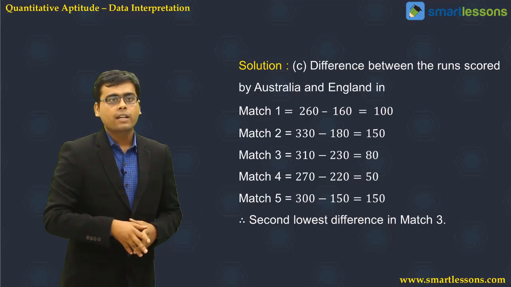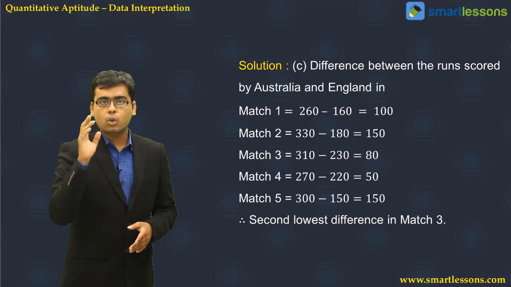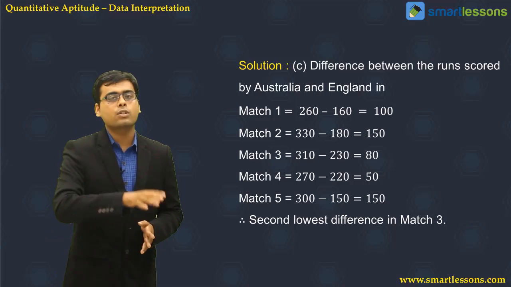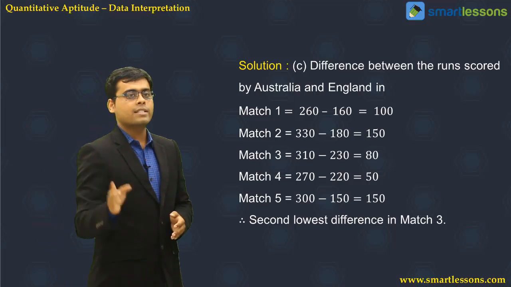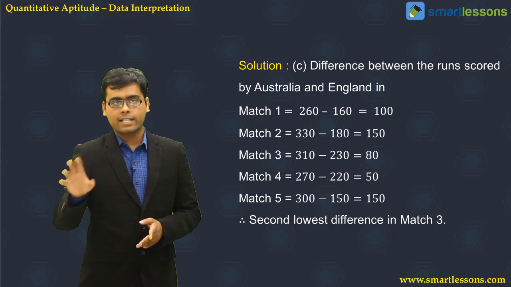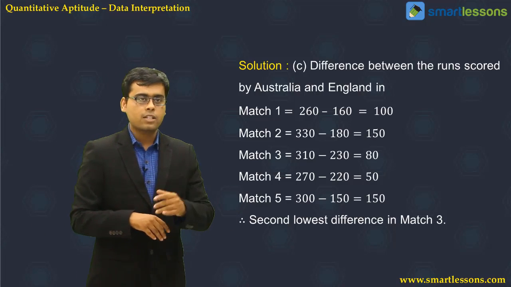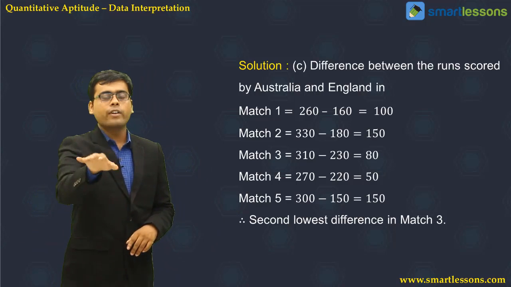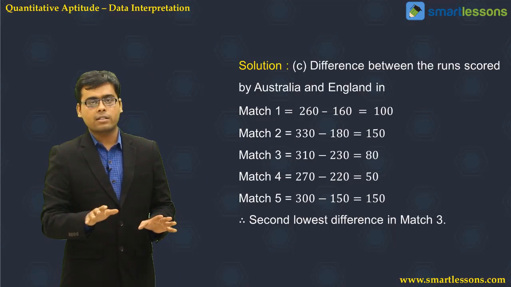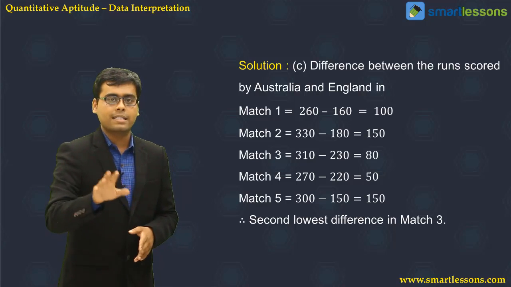In match 3, runs scored by Australia was 310, runs scored by England was 230, so the difference was 80. Similarly, in match 4, the difference is 270 minus 220, that is 50. In match 5, the difference is 300 minus 150, that is 150. Now once you have the difference in runs for all the matches, you can easily recognize which one is the second lowest.